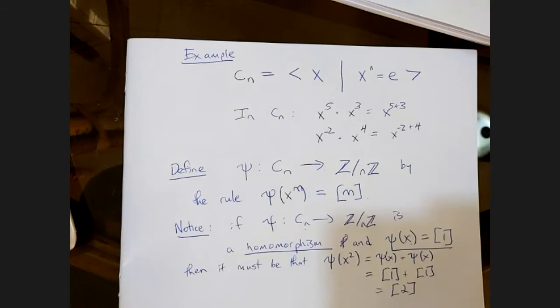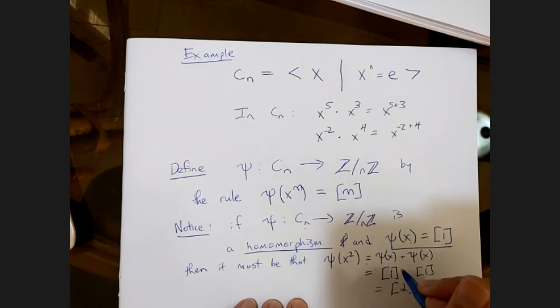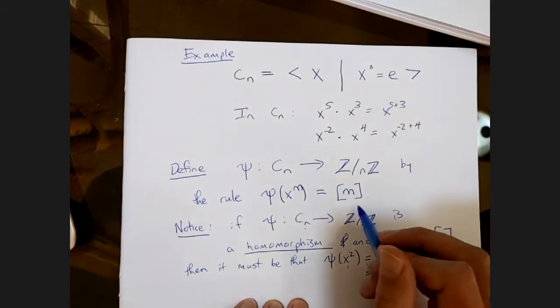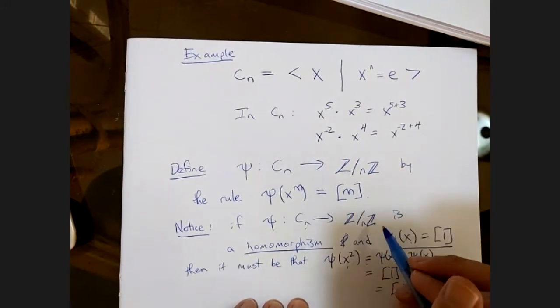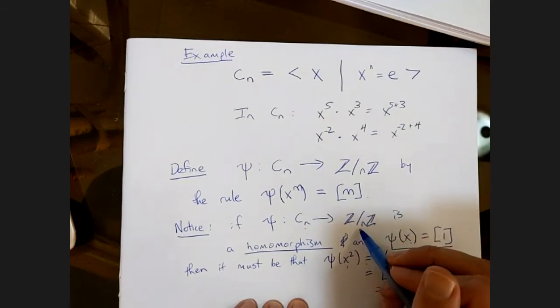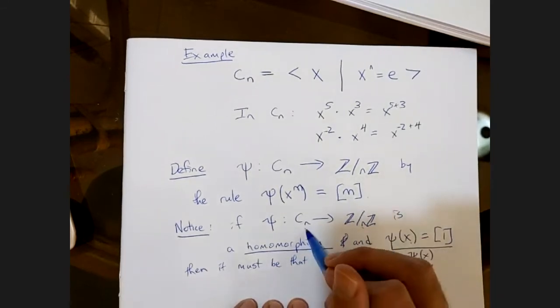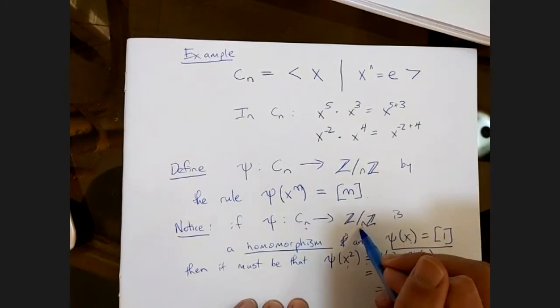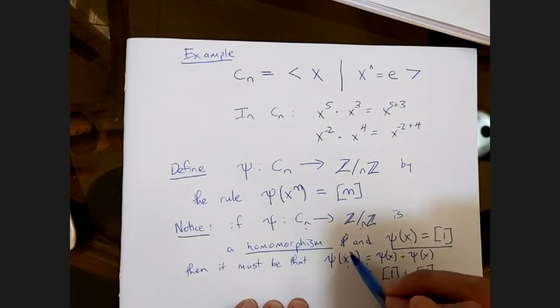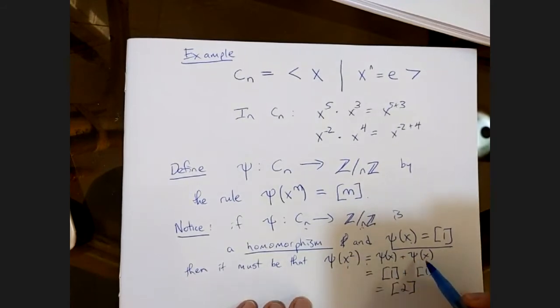And this first equation is because psi has to take multiplication in Cn and translate it to the group law in Z mod nZ, which is addition. So it translates multiplication into addition.